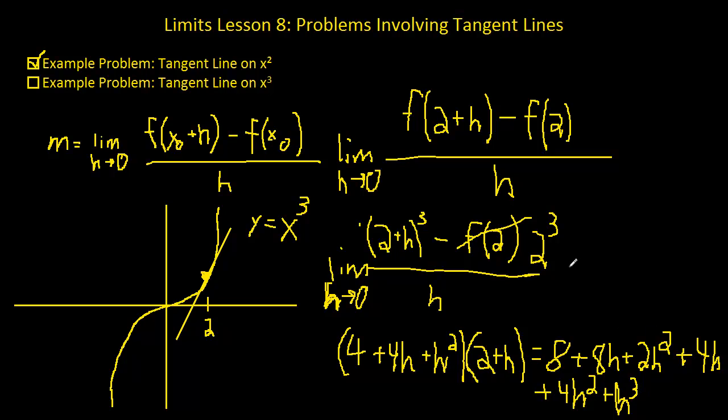Now let's combine our common terms. So we get h cubed plus 6h squared plus 12h plus 8.